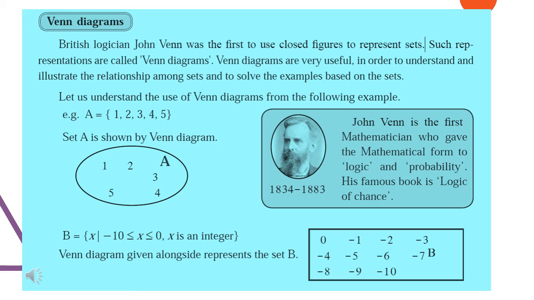At the same time it is greater than or equal to minus 10. So my elements of set B are nothing but the integers between minus 10 and 0. So here in the rectangle given here, you can see these are the elements present in my set B. So all the integers from 0 to minus 10.